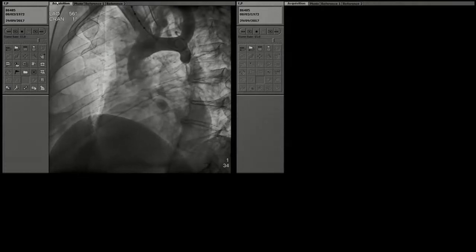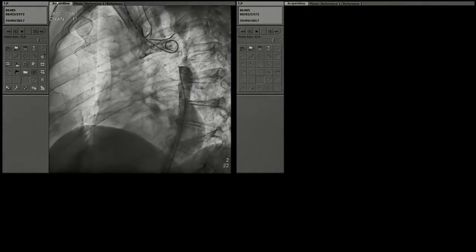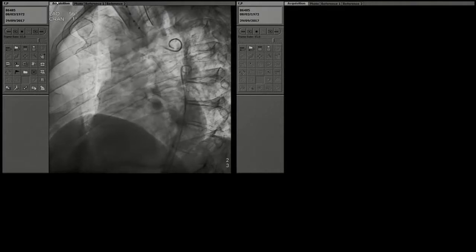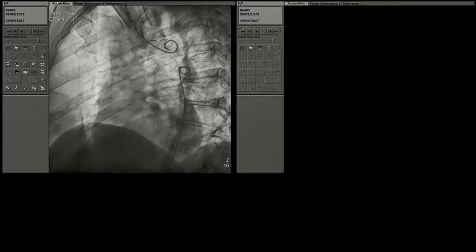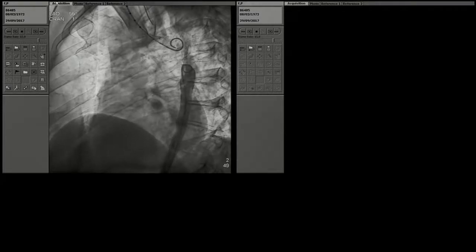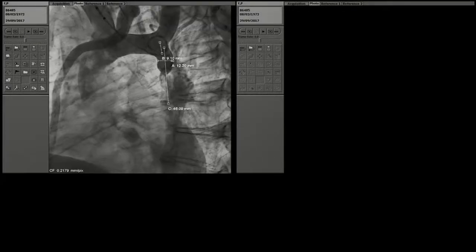And now let's have a look again to pictures. Next one. Okay, these are measurements we have done. The aorta just above the coarctation is around 12 millimeters, and there is some offset between the origin of the left subclavian artery and the arch.